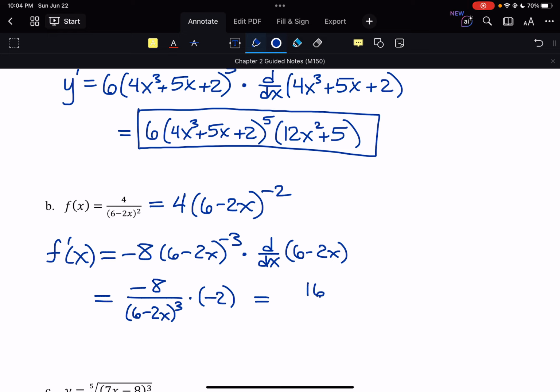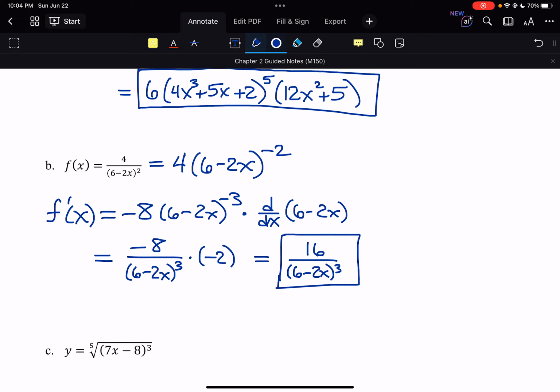So that's positive 16 over (6 minus 2x) cubed. Again, the alternative without the chain rule is to expand this out and then use the quotient rule on it. So this allows us to avoid having to use some of those more complicated rules like the quotient rule.